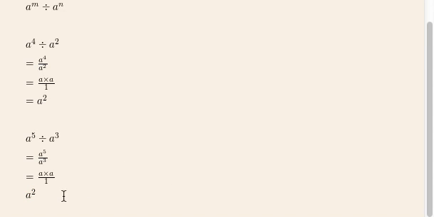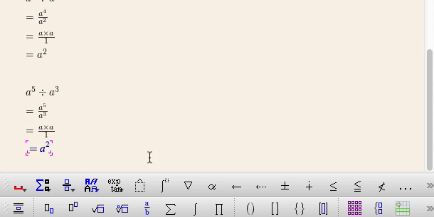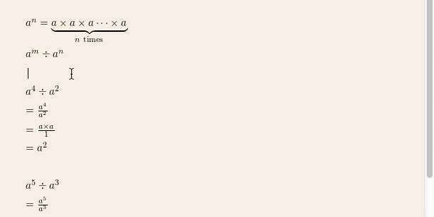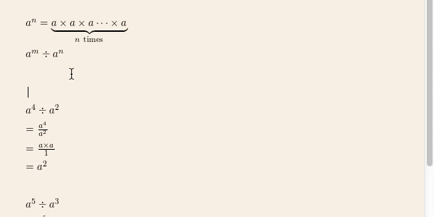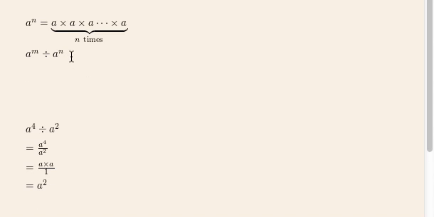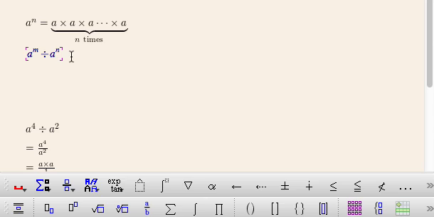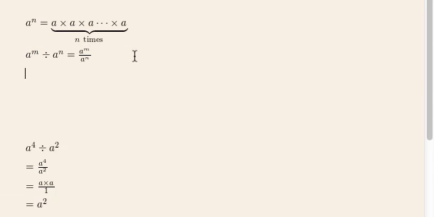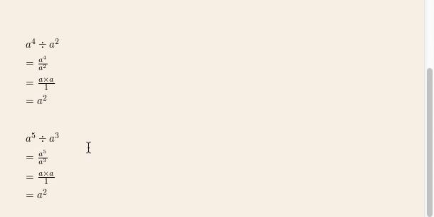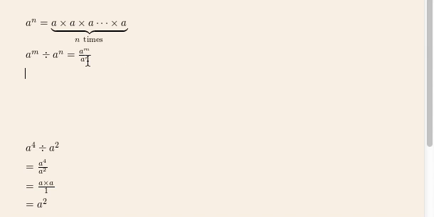So how could we generalize this to a to the power of m divided by a to the power of n? Well, we could do this. A to the power of m divided by a to the power of n is in fact equal to a fraction where a to the power of m is on the top and a to the power of n is in the bottom. Using what we did from before, n of the a's would cancel from the bottom and the top.